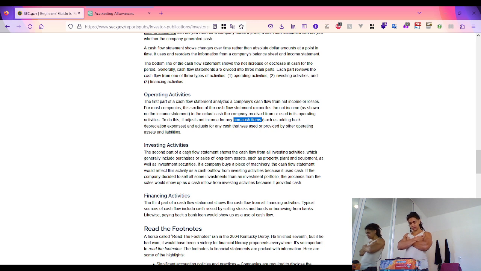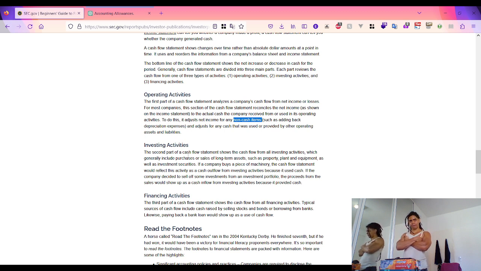To do this reconciliation, it adjusts the net income for any non-cash item.